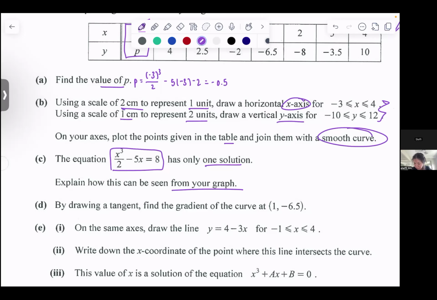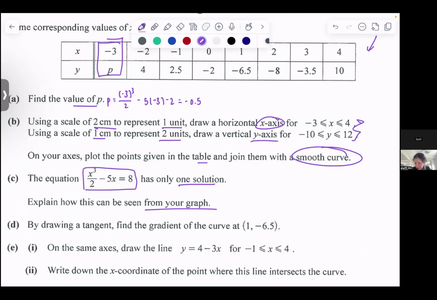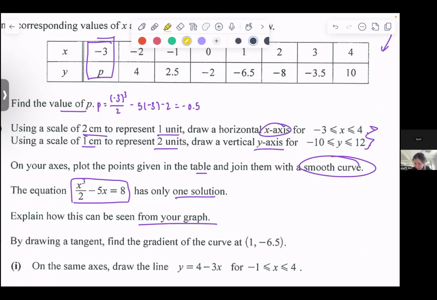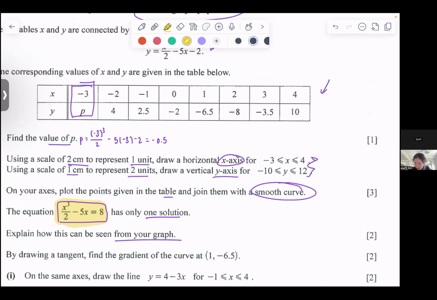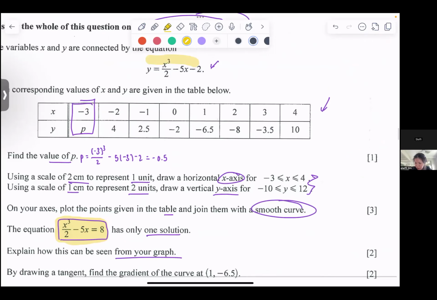Okay, so this new equation right here, you can see that it's rather similar to the initial one that they have given us, right? Just that there's one term missing, which is this -2 term right here.